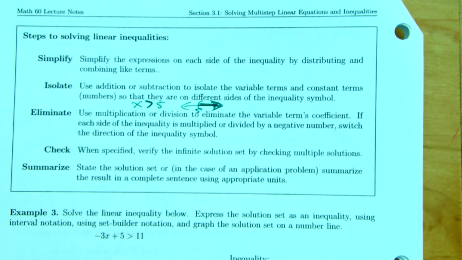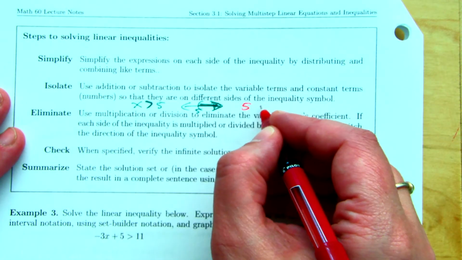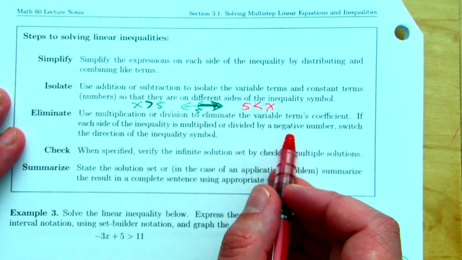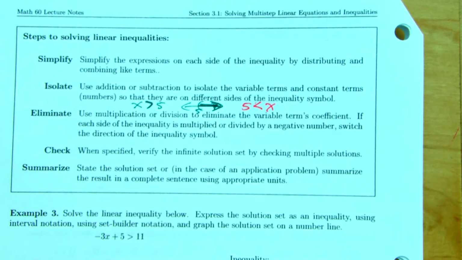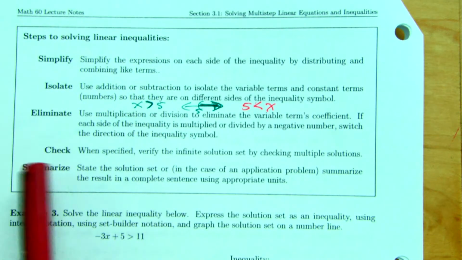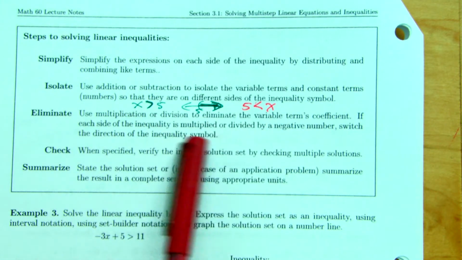It doesn't have to be that way, but realize if this was written the other way, 5 is less than x, it's like a mirror image, and you would actually have to switch the sign with the number and the variable. If you want the variable on the left, then you would have to flip the sign as well.